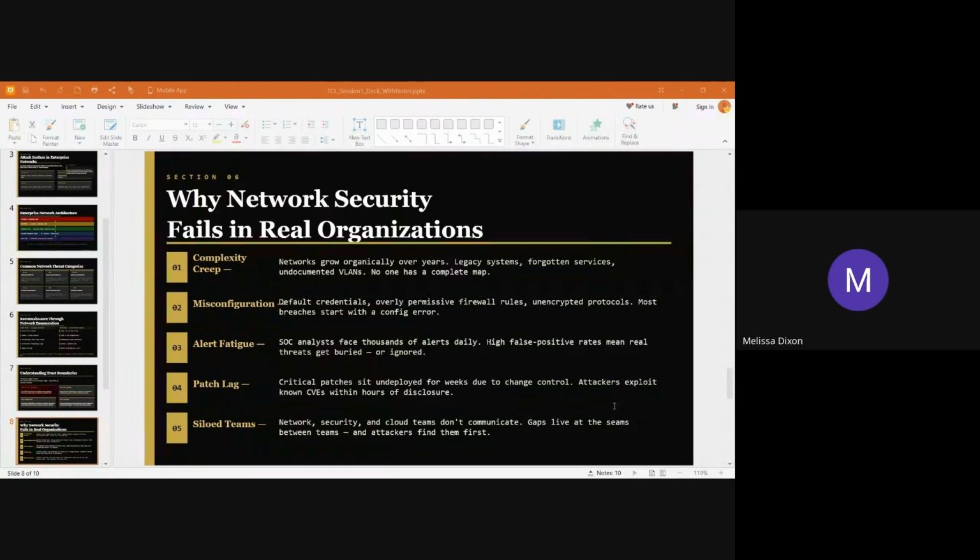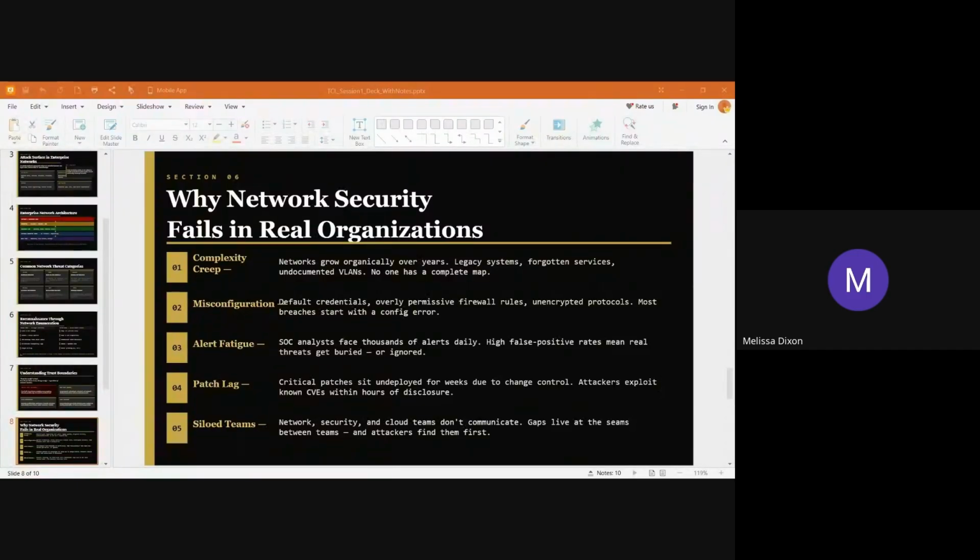And then we have, of course, misconfiguration, like default credentials, overly permissive firewall rules, unencrypted protocols. Most breaches start with a configuration error, or a lot of them do anyway. The Verizon DBIR consistently shows misconfigurations as a top breach cause.